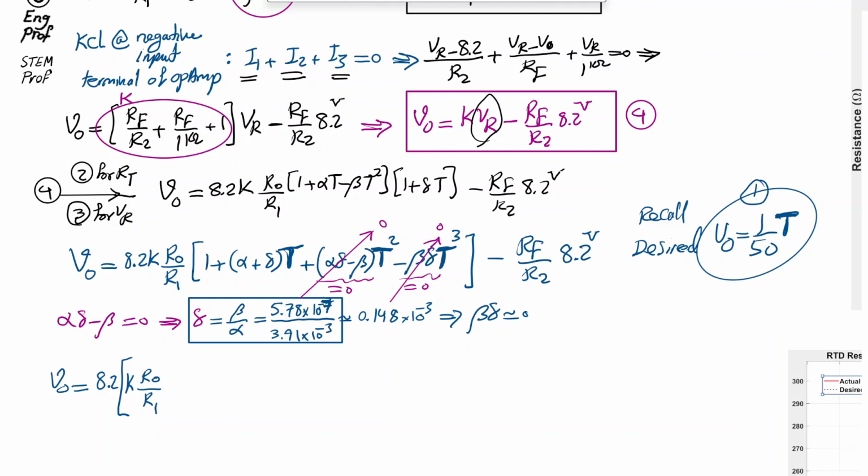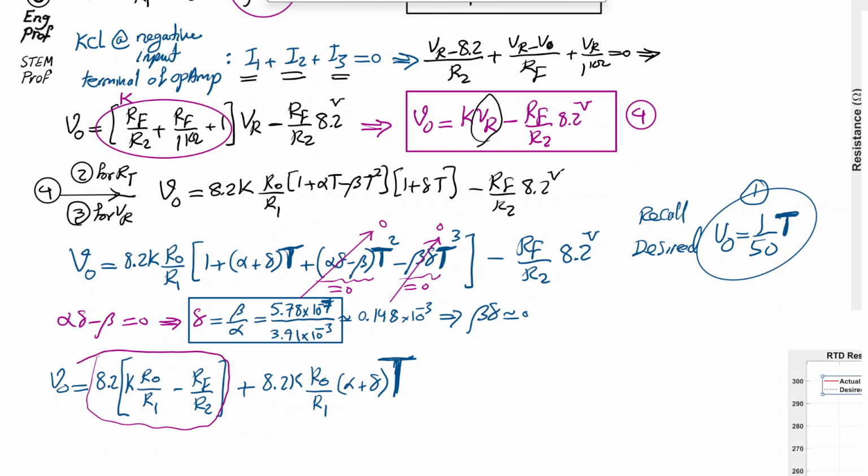So we have minus RF over R2, that's 1, and then the rest of it is simply 8.2K R0 over R1 times alpha plus gamma times T. Okay, so in this formula, this is our intercept. And this is our slope.